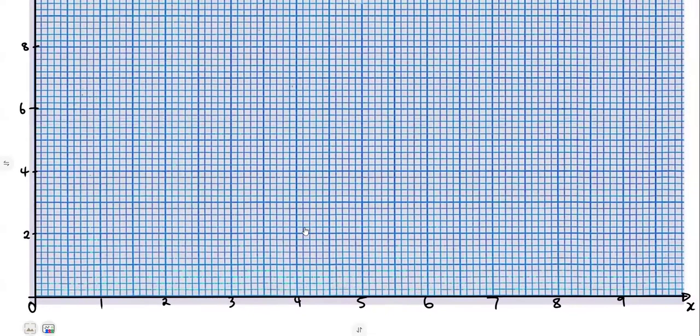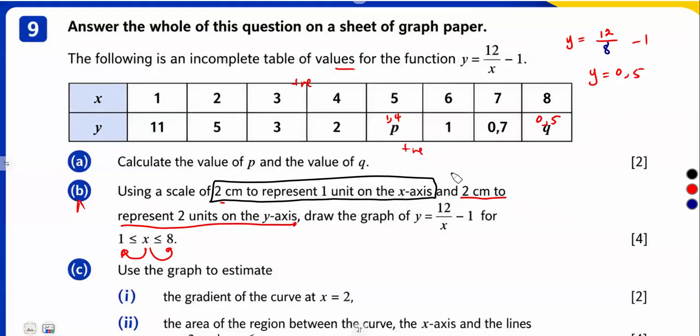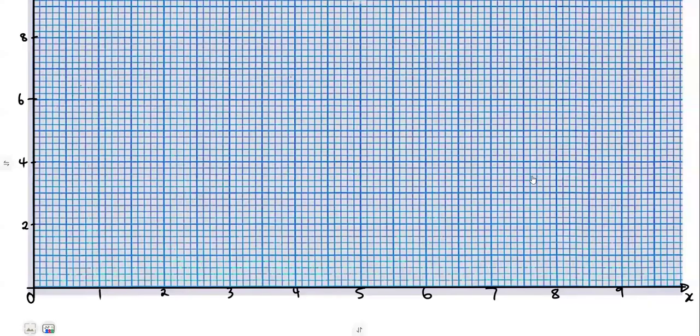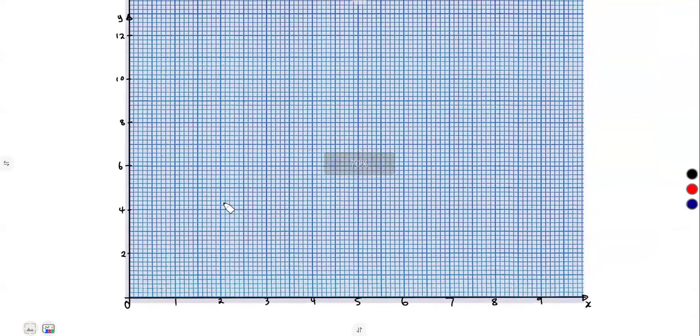So this is how it was going to look like, and we just need to fill in our values. When x is 1, y is 11. So 1 and 11 is going to be up in between 10 and 12. This is where we've got our 11.